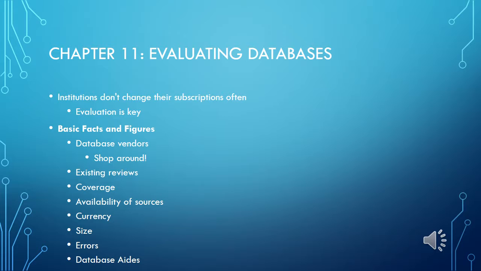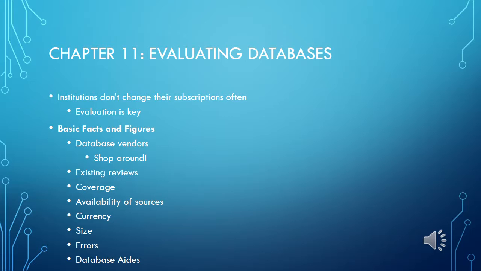The currency evaluation helps to show us how often materials are added, such as if a journal is published in print, how soon will it be available on the electronic database? What is the size? How many records does the database itself encompass? Are there any errors?